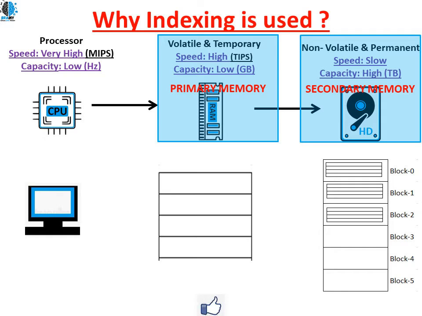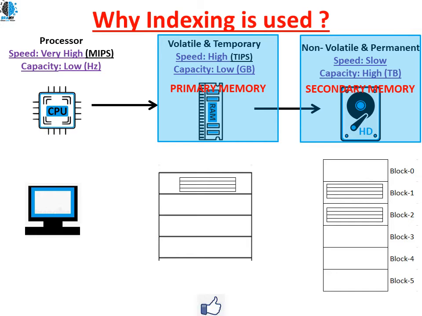Now the primary memory will communicate with the secondary memory, and it will check the first block, block 0. It will map the first block of secondary memory into the primary memory.